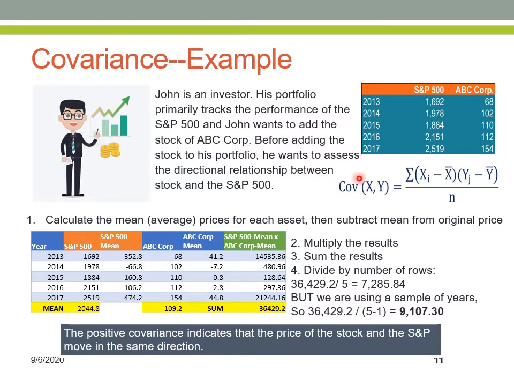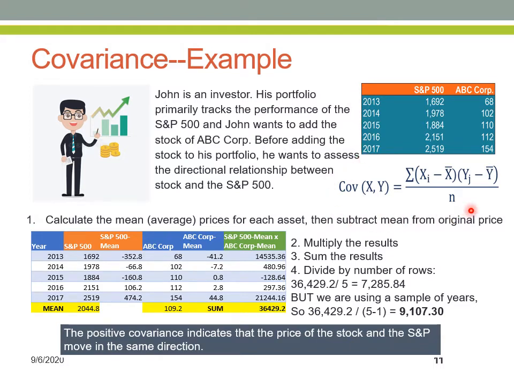So he wants to understand the relationship between how the stocks for ABC Corporation have been behaving in comparison to the S&P 500 values over the years. So we're looking at the years here, and we're taking just a subset, namely the values from 2013 to 2017.